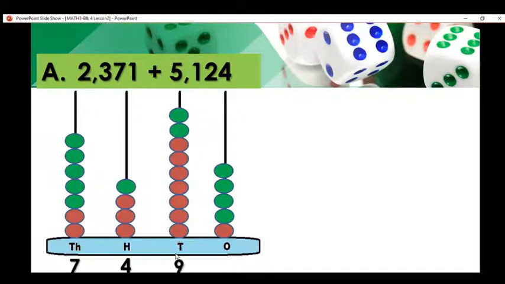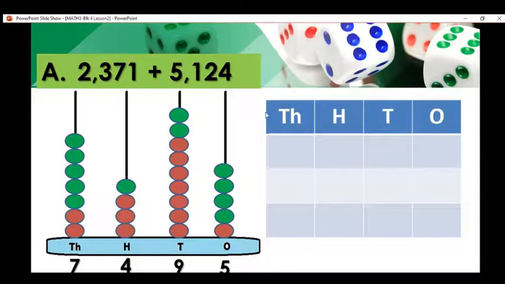So we have 9 tens. And our ones, 1, 2, 3, 4, 5. So we have 5 ones. What would be our answer? Very good. That is 7,495. Let's check in our column method if we got the same answer.